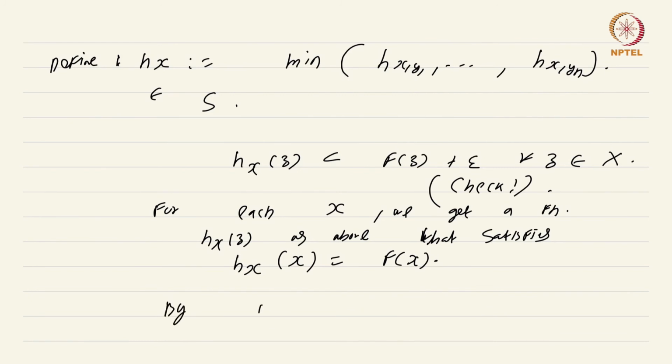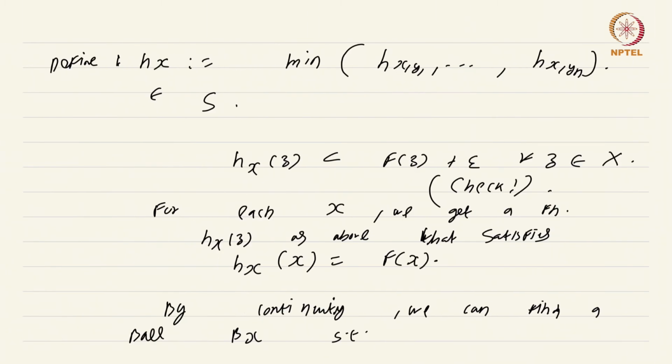By continuity, we can find a ball B_x such that f(z) minus epsilon is less than h_x(z) for all z in B_x.